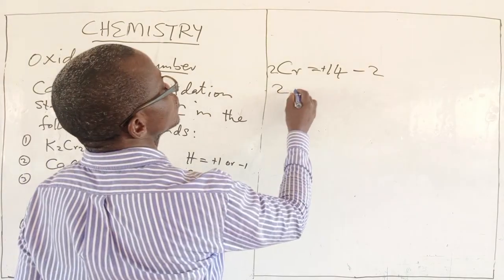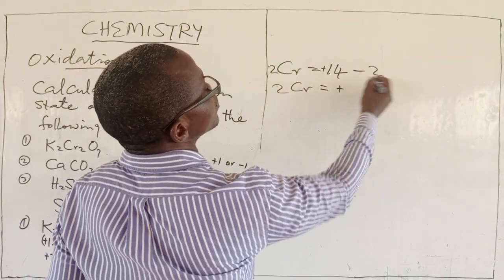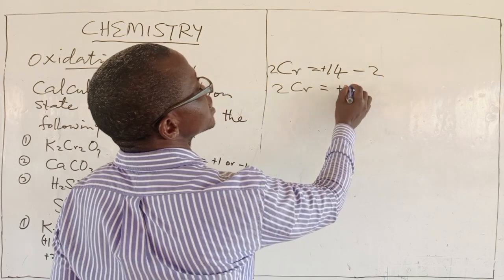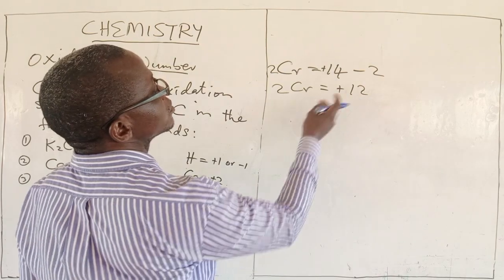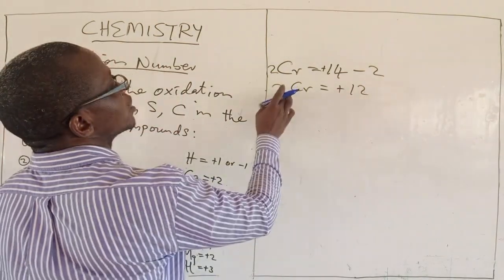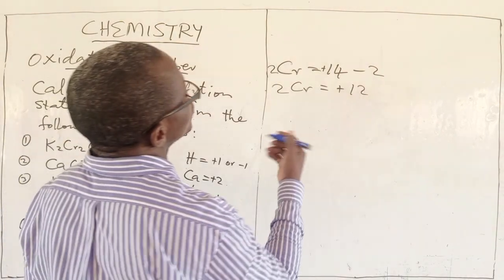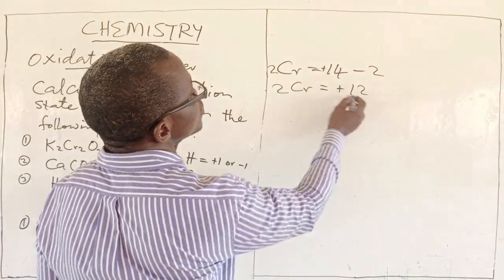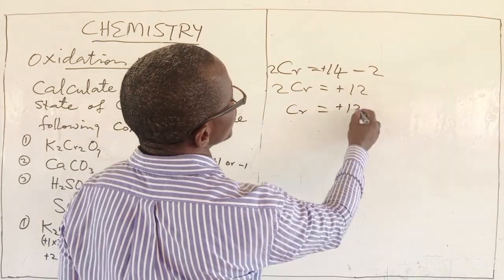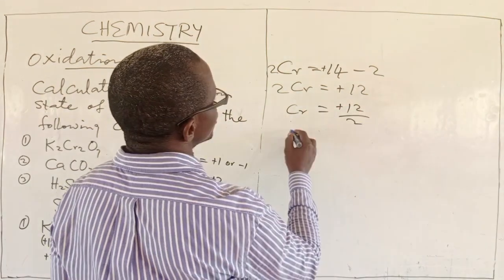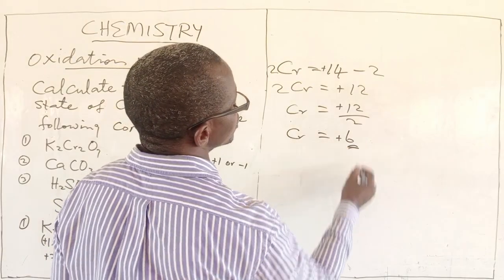So your 2Cr becomes plus 14 minus 2, sorry, 12. Now +12. They did not ask us to calculate 2Cr, but Cr. So divide both sides by 2. So you now have Cr equal to +12 over 2. Your Cr will now be +6.